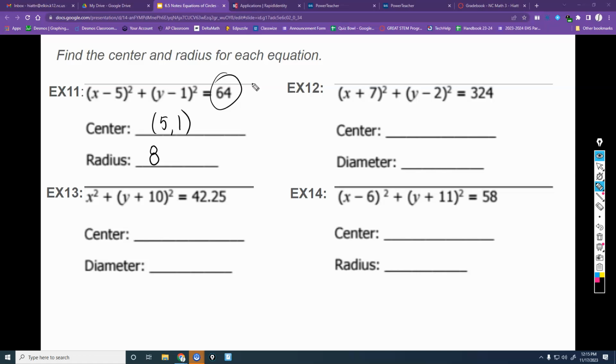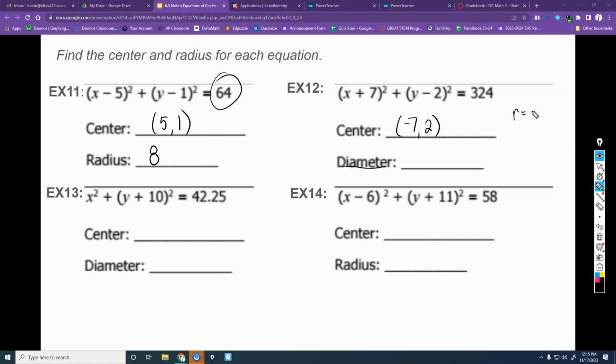So, let's see. Silas, what's the center of number 12 going to be? -7, +2. And then they ask us for diameter, but they're trying to trick us again by asking for diameter. Let's find the radius first. What would the radius of this be? Or how could we find it?